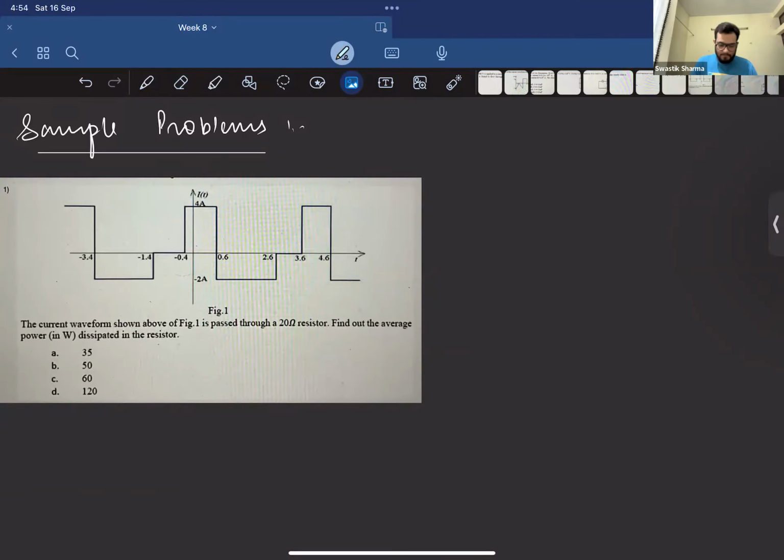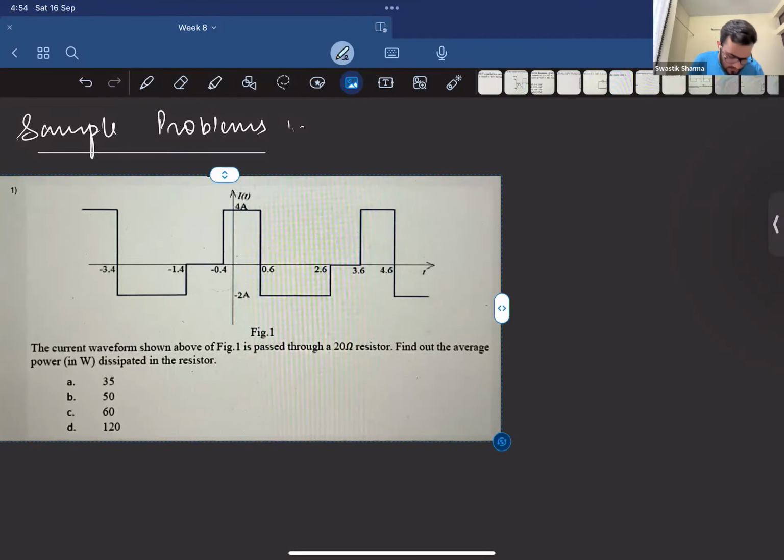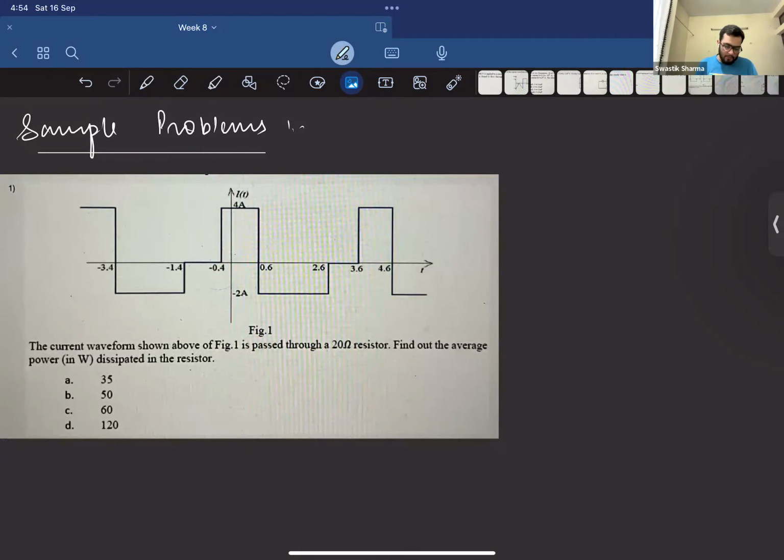So the first question. It's visible, right? It's given that this current waveform is passed through a 20 ohm resistor, and we are required to find the average power dissipated in the resistor. Can you tell me how we can solve this question?